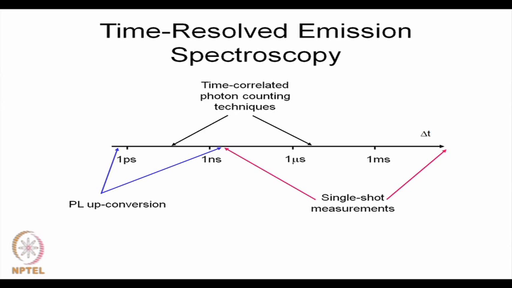Single shot measurement, that is you shine with a single shot of laser pulse, and then you measure the emergent light. Okay, that is the emergent probe light, or maybe you measure any spontaneously emitting light coming out of your solution.